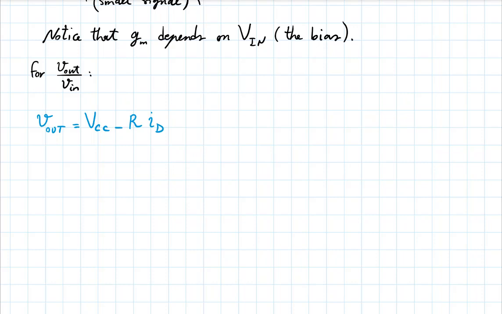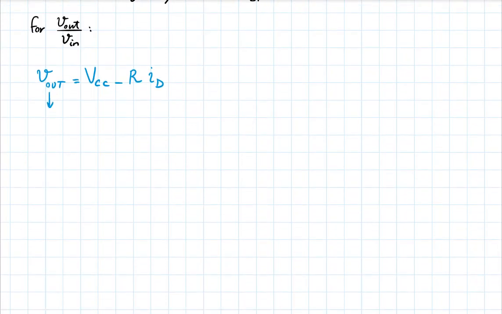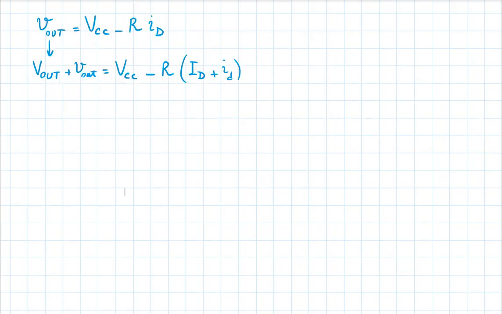Now again, the total output voltage has the bias part plus the small signal part. And on the other side, you have the current, which has the bias part plus the small signal part. Please keep track of whether I'm using capital letters correctly, and if not, let me know. Now I'll just rewrite this.